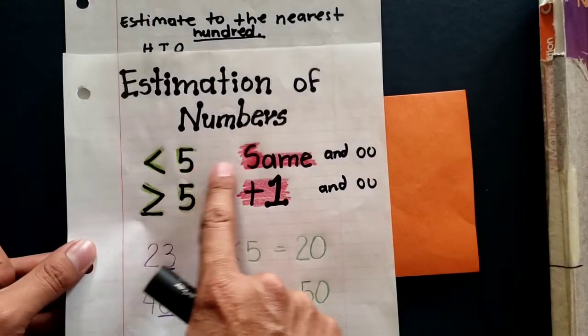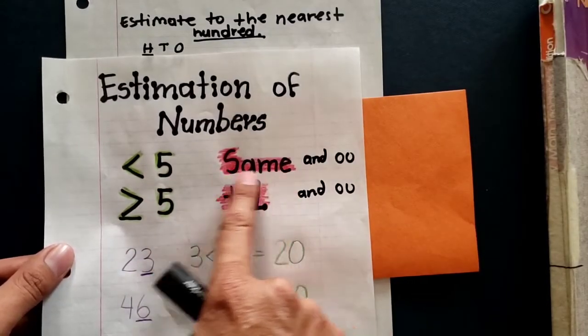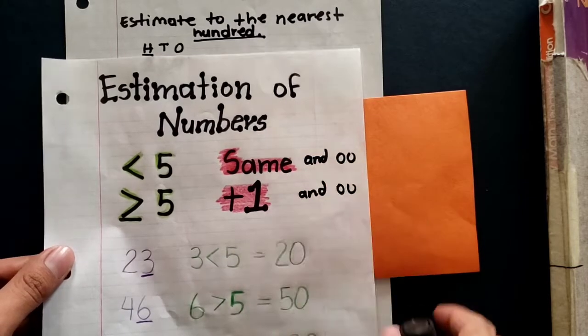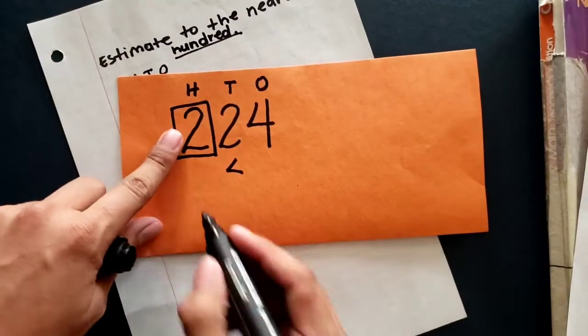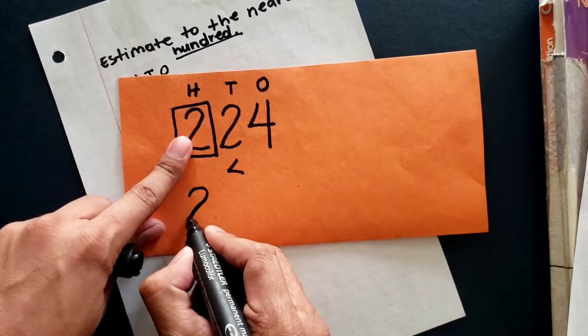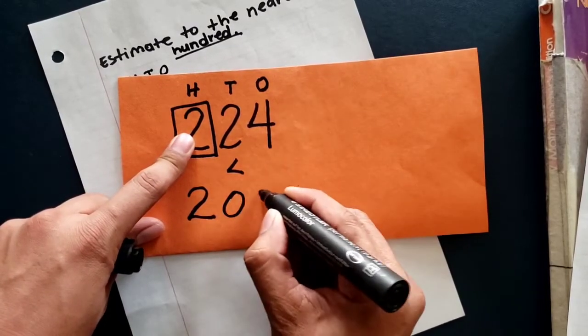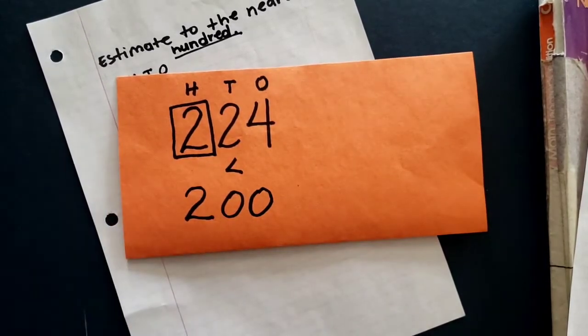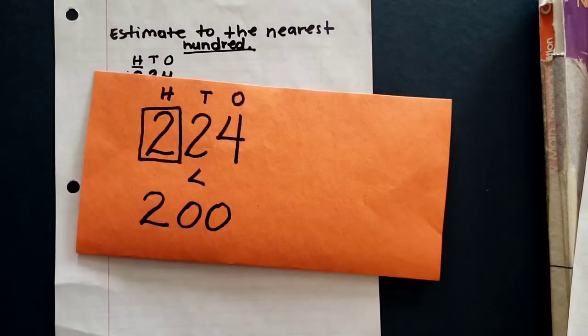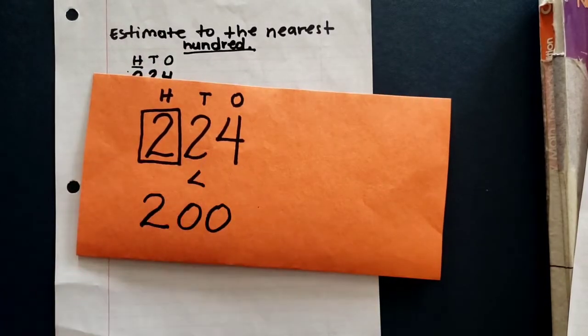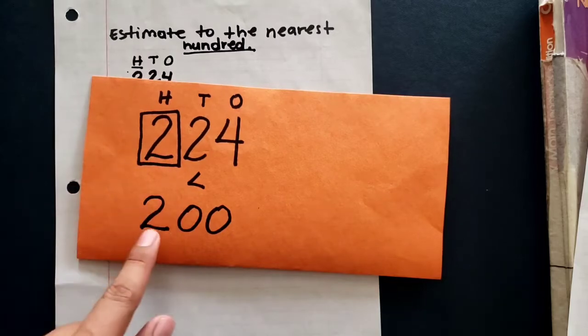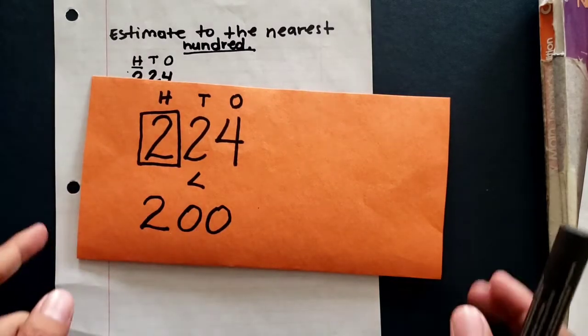When it's lower than 5, I leave the same 100 and add zeros. The others become zeros. And that is an estimation of a number. 224 estimated to the nearest 100 is 200.